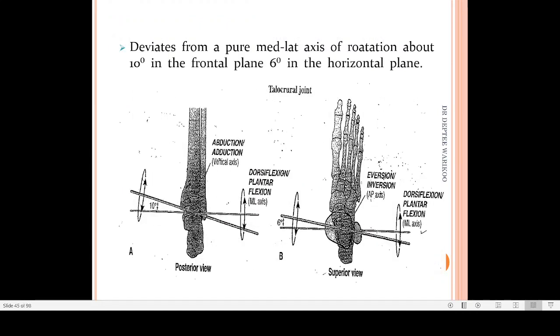Here you could see the deviation from a pure medial-lateral axis of rotation: about 10 degrees in the frontal plane and 6 degrees in the horizontal plane.